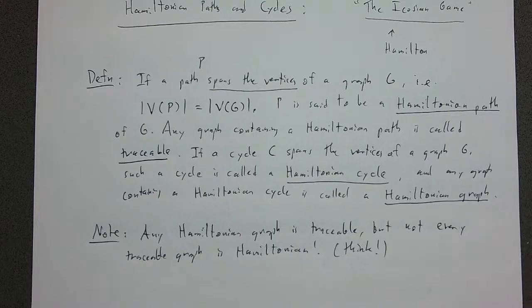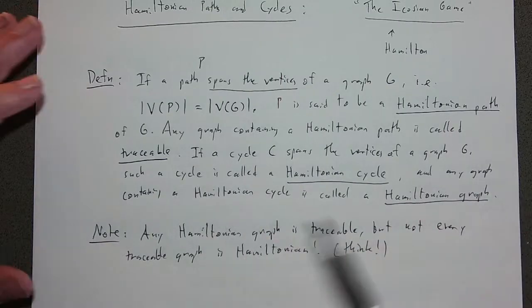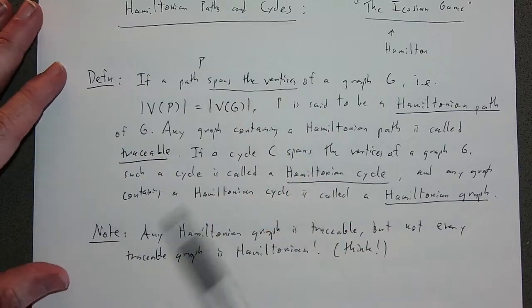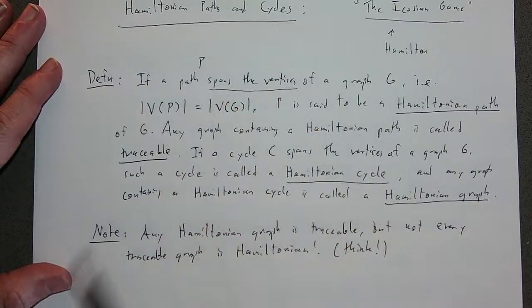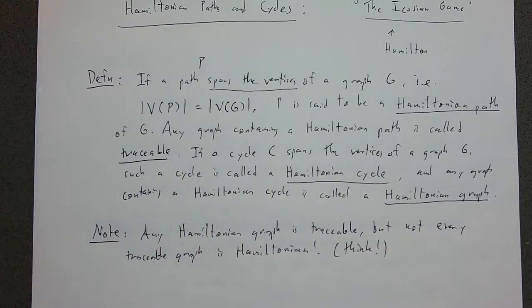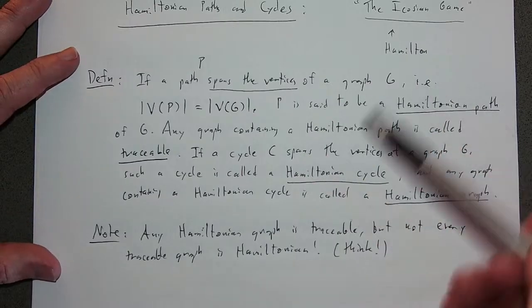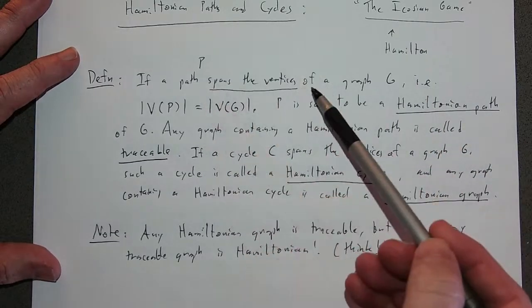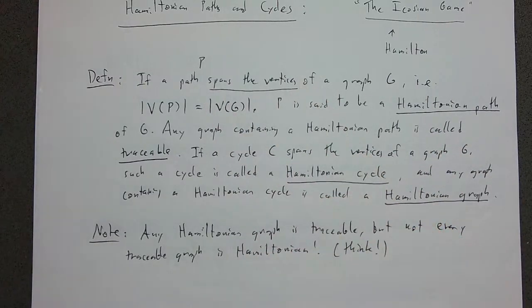We didn't really call it that when we were talking about an Eulerian graph, but that is the notion we're talking about, spanning the edge set. So Eulerian graphs, how we defined them, were about spanning the edge set, and we talked about circuits and trails. In the Hamiltonian case, we're talking about spanning the vertex set, and we are talking about paths and cycles, rather than trails and circuits. That might not seem like much of a difference, but it's a big difference.